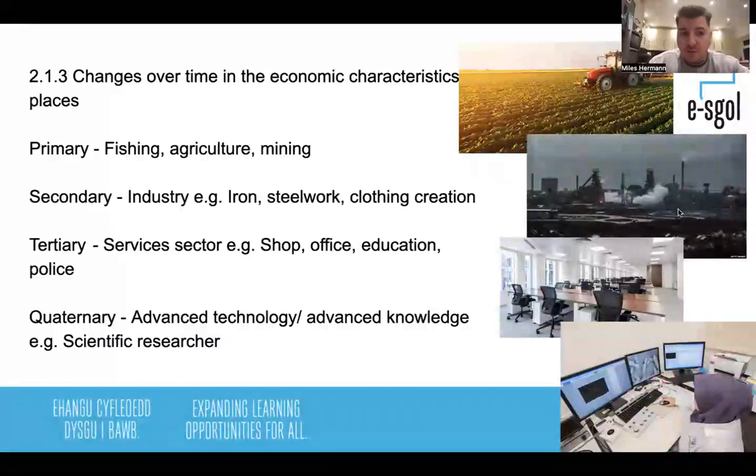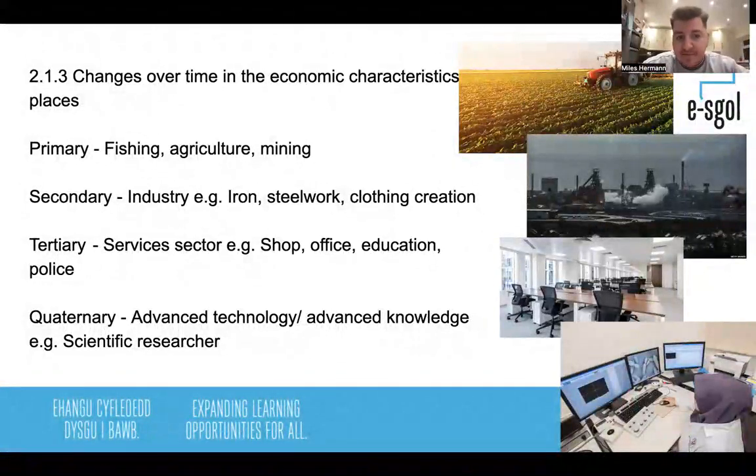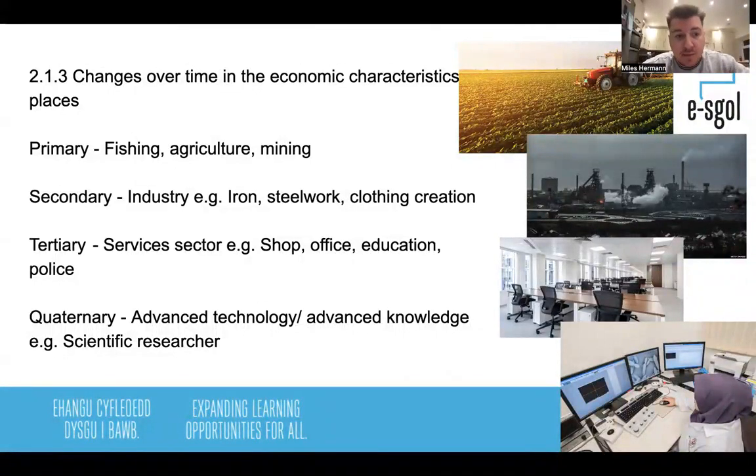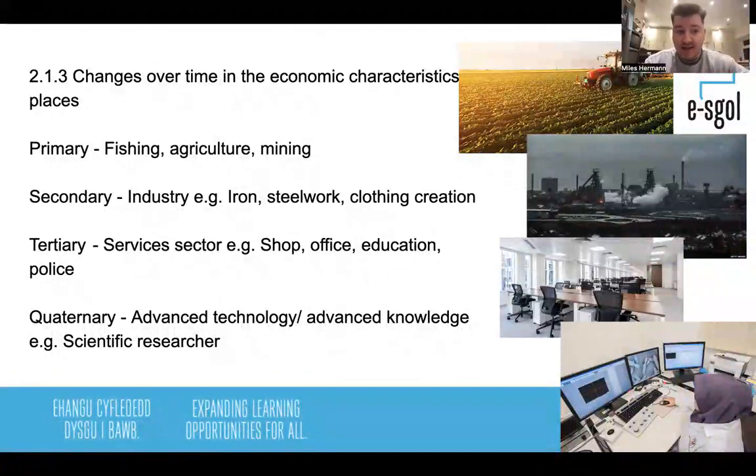So to start off, we're going to look at 2.1.3, which is changes over time in economic characteristics of places. Now, the first thing we need to know in this unit is the different types of sectors of employment. There are four sectors of employment, the first being primary, which is fishing, agriculture, mining.